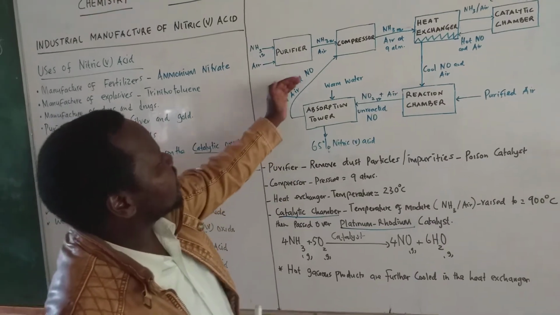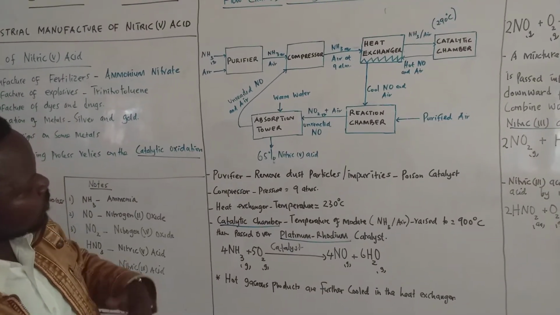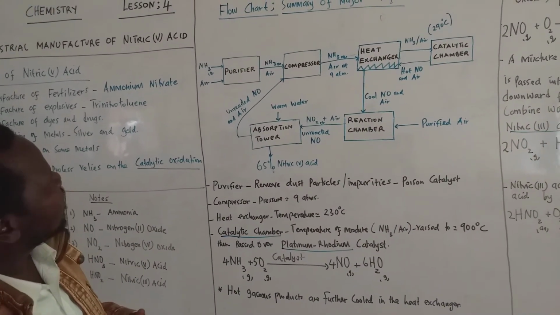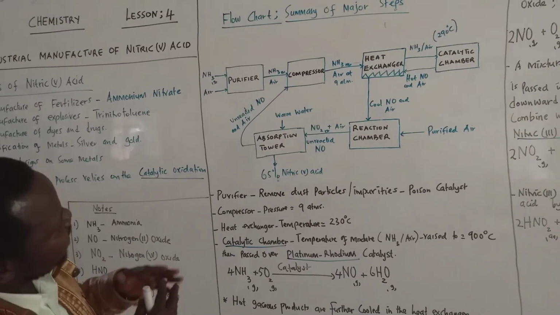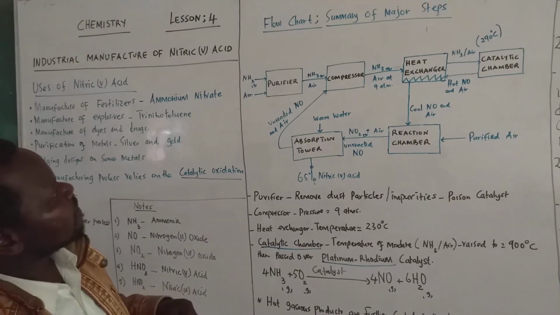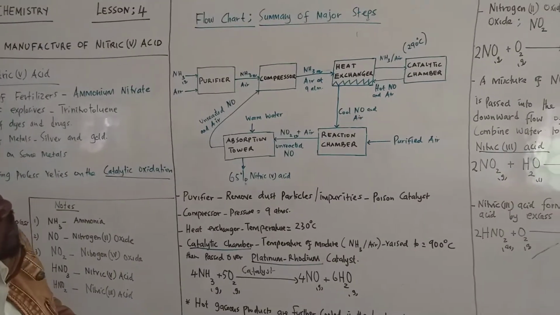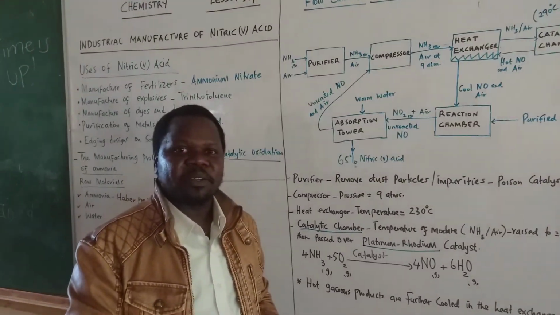Whatever did not react is taken back into the compressor, and the whole process starts once again. So that is the flow diagram that describes the entire process for the industrial manufacture of nitric 5 acid. That marks the end of our discussion.